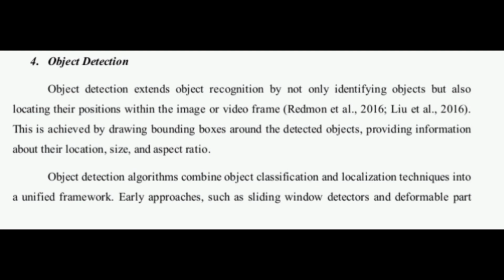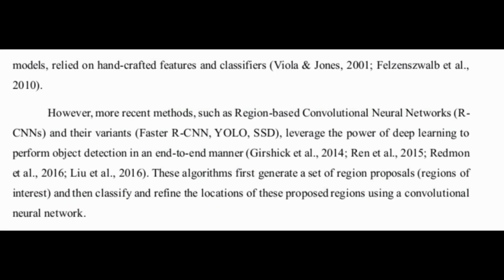Early approaches such as sliding window detectors and deformable part models relied on handcrafted features and classifiers. However, more recent methods such as region-based convolutional neural networks and their variants leverage the power of deep learning to perform object detection in an end-to-end manner.